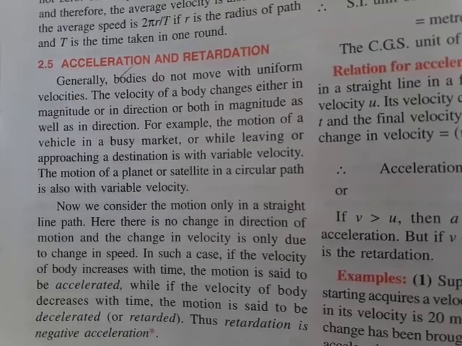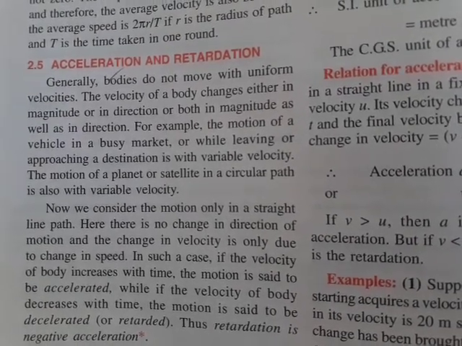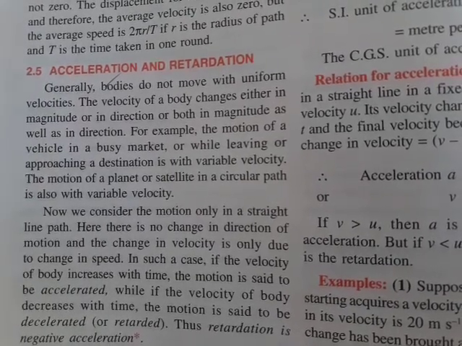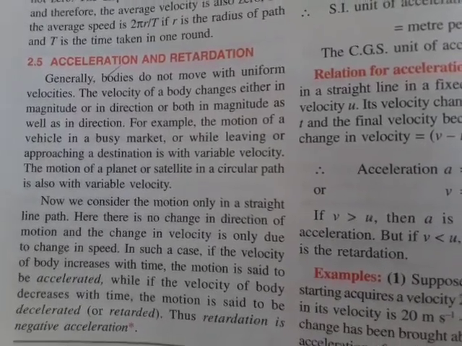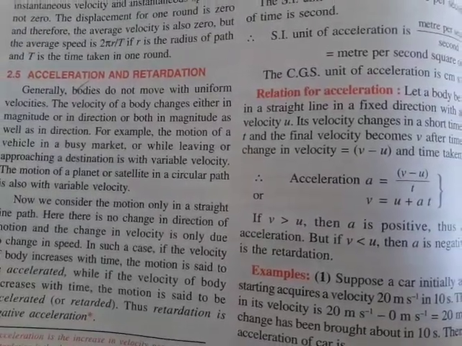Then the motion of a planet or satellite in a circular path is also an example of variable velocity.